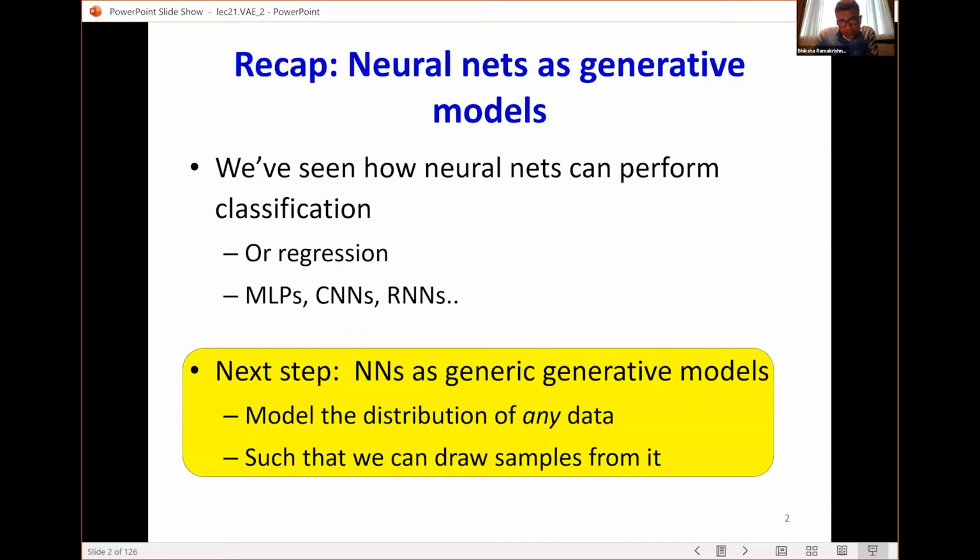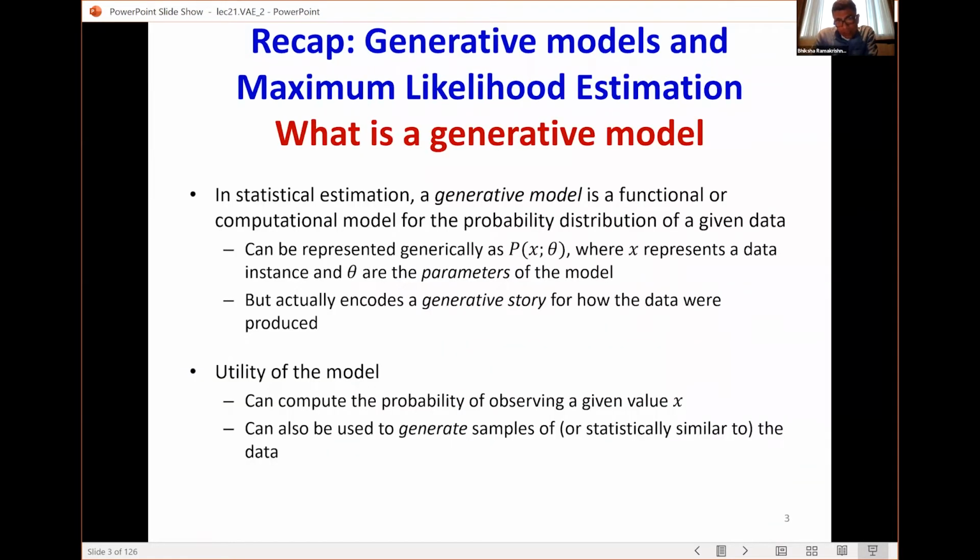So here's the recap. We're looking at neural networks as generative models. We've seen how neural nets can perform classification or regression. Now we want to use them as generative models, which can model the distribution of any data such that we can draw samples from it. So the natural question is, what is a generative model?